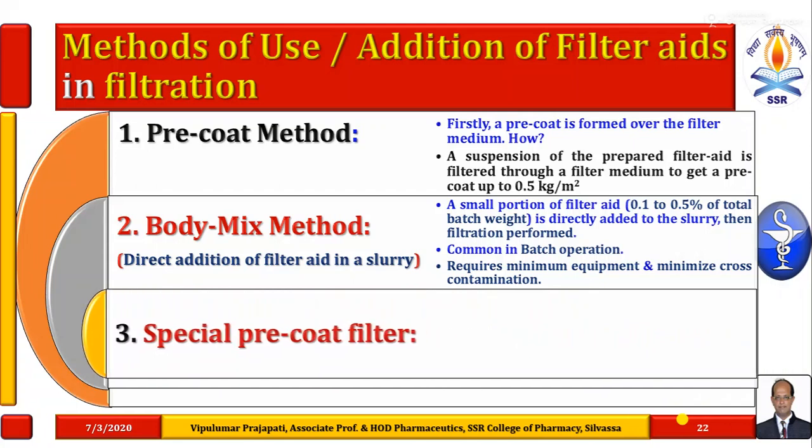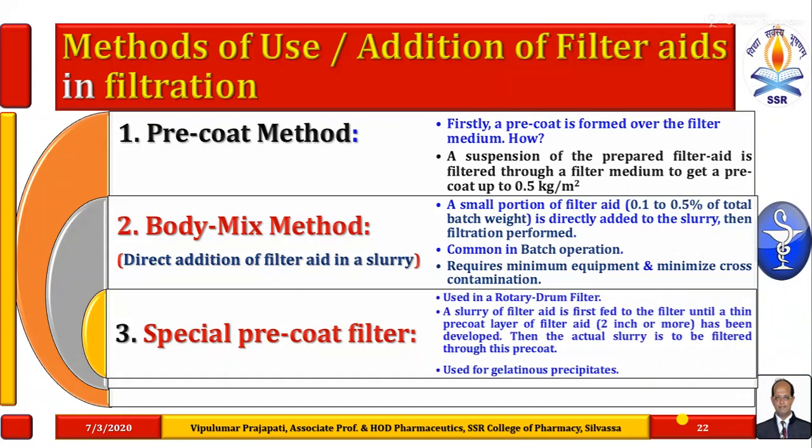Third method is quite similar to the pre-coat method. It is known as the special pre-coat filter, because it is used in the case of the rotary drum filter. How is it used? A slurry of filter aid is prepared, and this slurry is first fed to the rotary drum filter until a pre-coat layer of filter aid, generally 2 inches thick or more, has been developed.